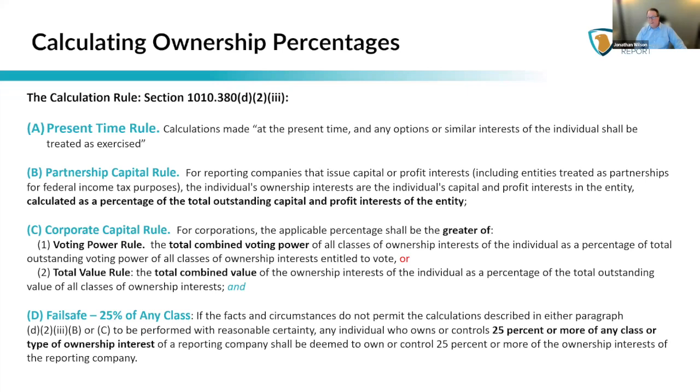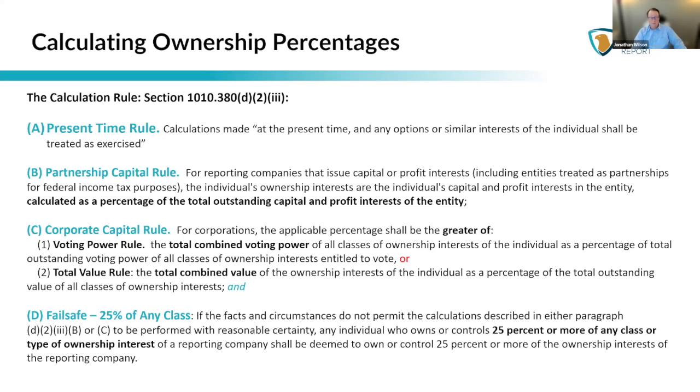Well, I think total combined value is corporate speak for the total of all the capital and profits interests of the entity. Since in a corporation, you wouldn't have separate capital and profits interests. Again, in a corporation, if you have a corporate structure that has multiple levels of waterfall, such as a corporation that has common stock and preferred stock, or even multiple classes of preferred stock, you are going to run into the same problem where the outcome might not be reasonably certain.